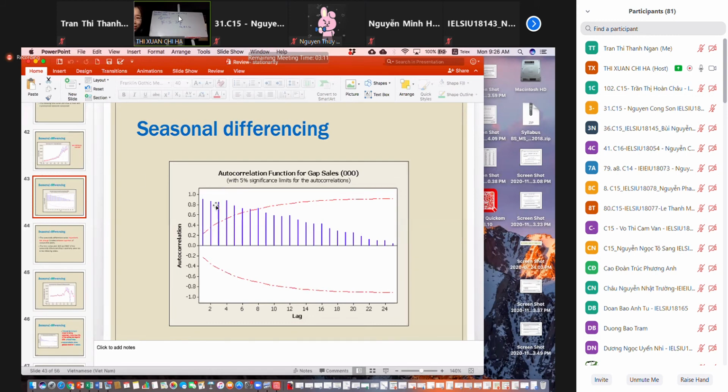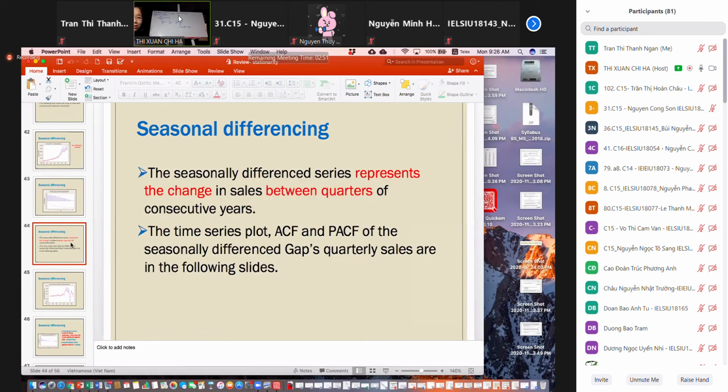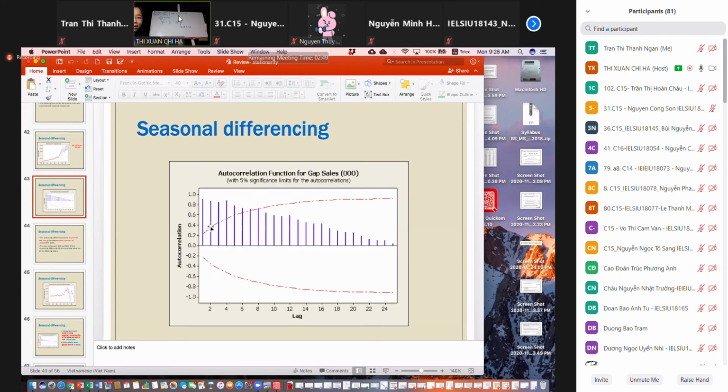So in here you see 1, 2, 3, 4, 5. So there are several flat ones here outside of the seasonal difference. And this one, we still can do the second difference to make sure that it is stationary.